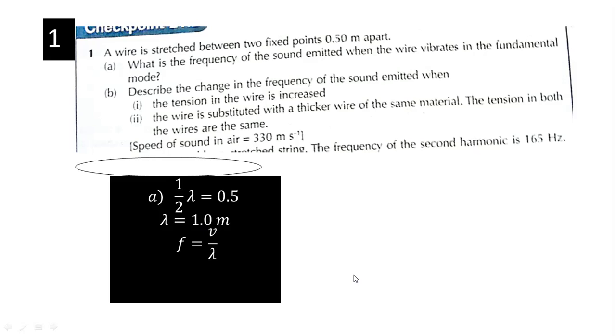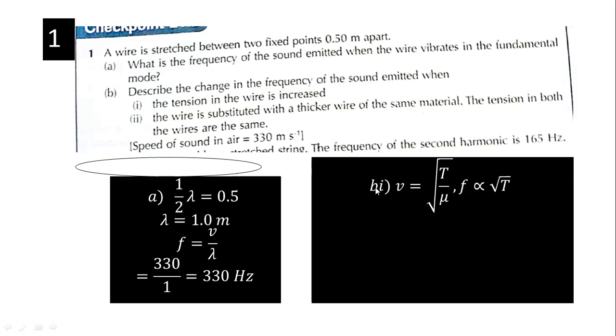Right? Go to the formula. The frequency we can calculate out. That's your speed, that's your 330 hertz. Go to this one. v equals square root of T over mu.